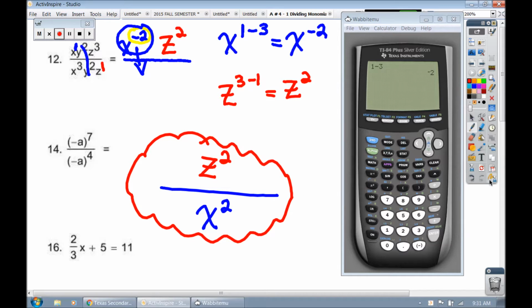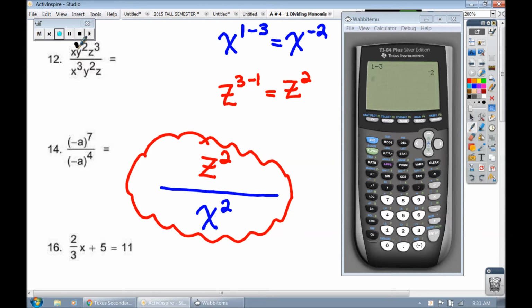Now another way to look at this problem, and I'm going to erase all this up here, is to look at what you have more of. Are there more x's on the top up here, or are there more x's on the bottom? Since I have more x's on the bottom, obviously my x's are going to stay at the bottom. So that's kind of a little shortcut here.